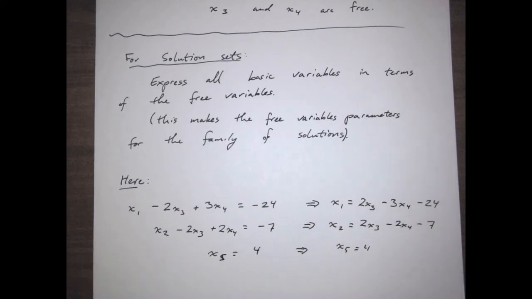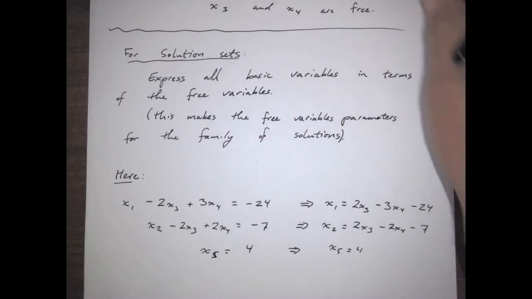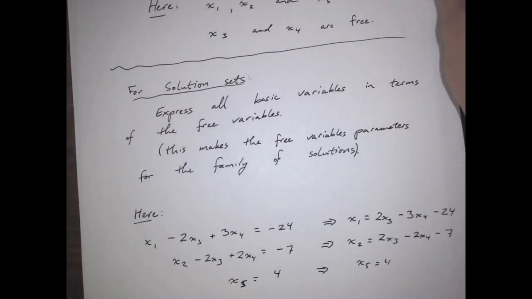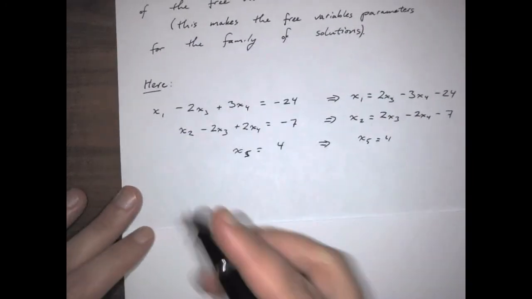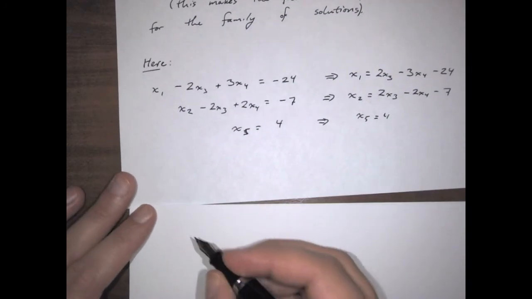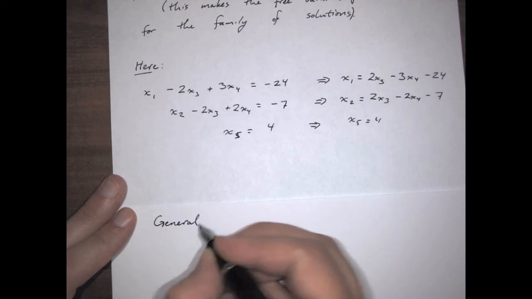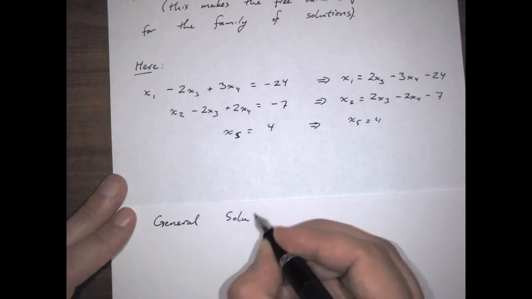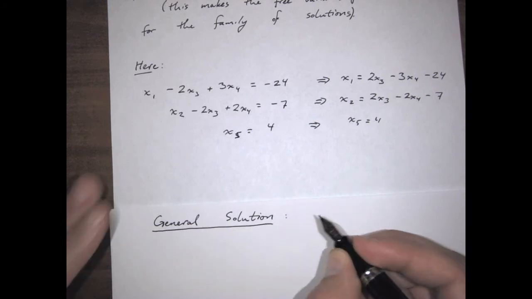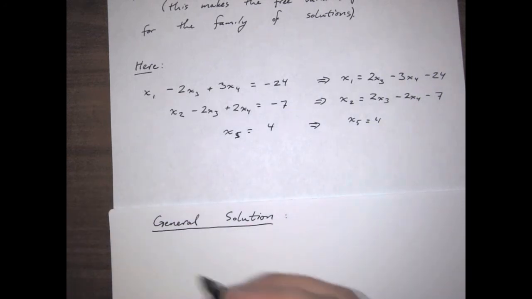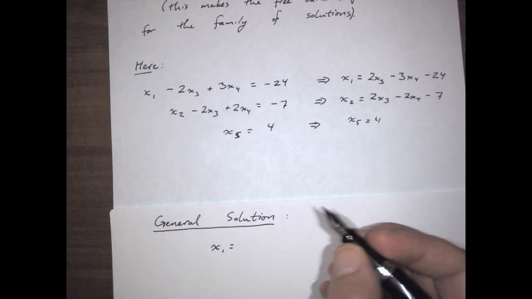And then the way we would typically lay it all out is as follows. So then we would give a general solution in this form. So what we would say is just basically what we've got there, just all laid out nice and neatly.